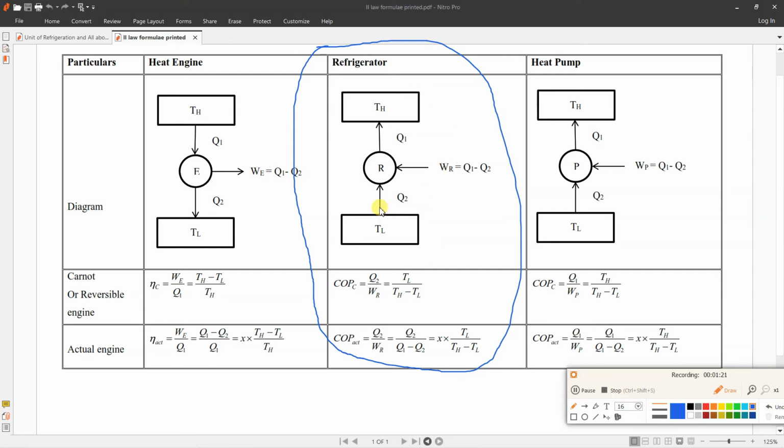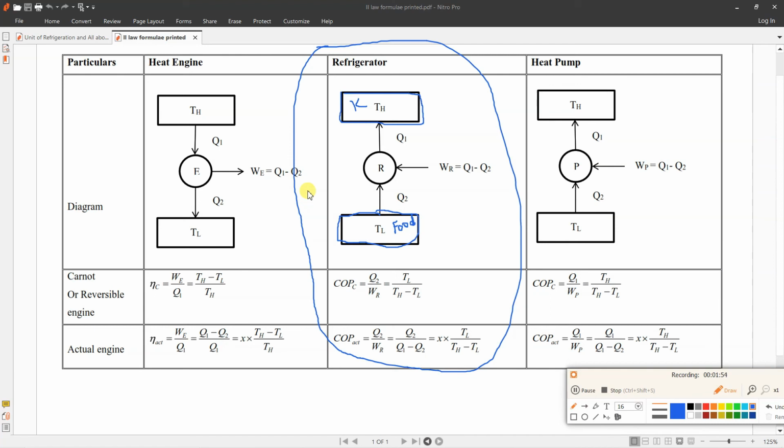If you are considering the application as a refrigerator, this T low is the food cabinet, and this T high is the kitchen, or surrounding. In which season is the surrounding temperature less, summer or winter?